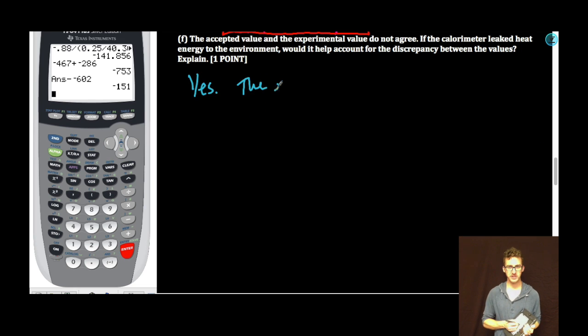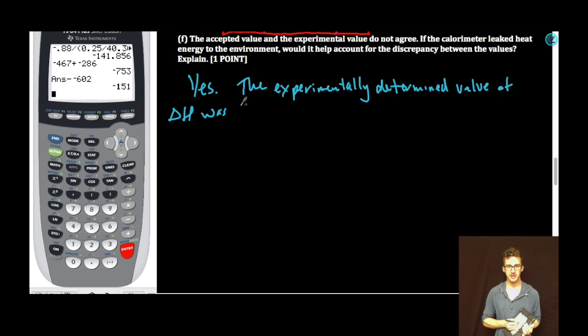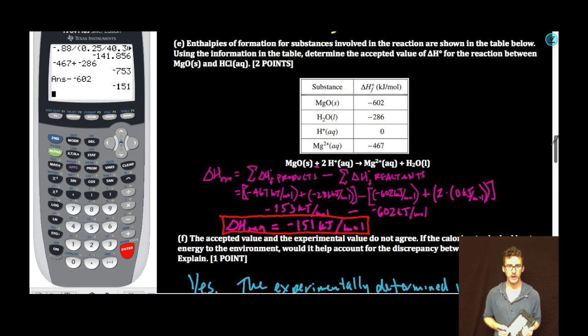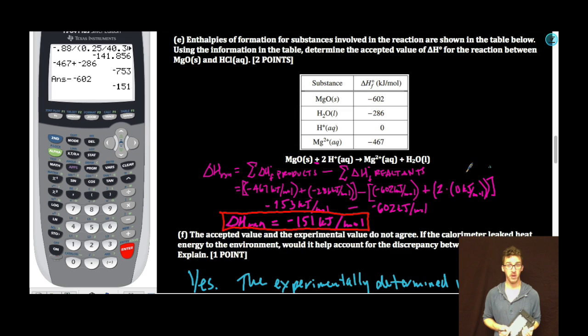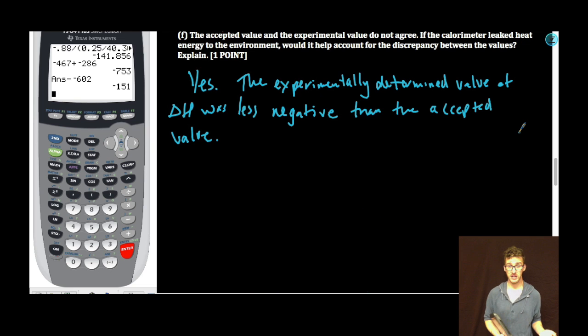The experimentally determined value of delta H was less negative than the accepted value. Again, recall that we determined that this student's experimental value of delta H was negative 140 kilojoules per mole, but the accepted value is negative 151. It's less negative than what it should be.